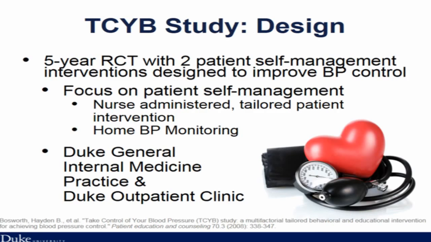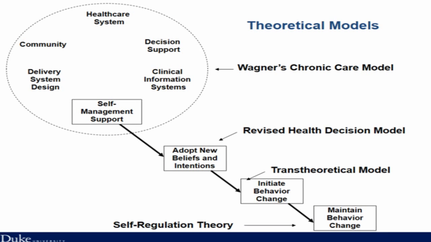before I show you what it is, the other thing is just to also envision what the theoretical framework is. I just wanted to point this out briefly, but we have our chronic care model to identify where we're going to focus our intervention. We have our health decision model, which helps us identify what the factors are that are of importance. And then we may think about our trans-theoretical model to help us think about how we change behavior.